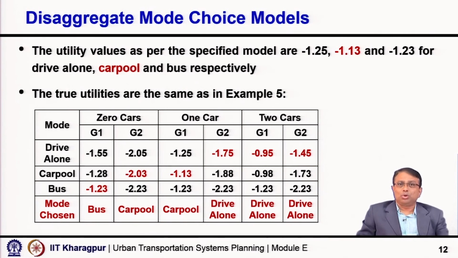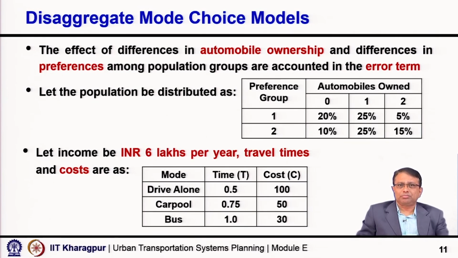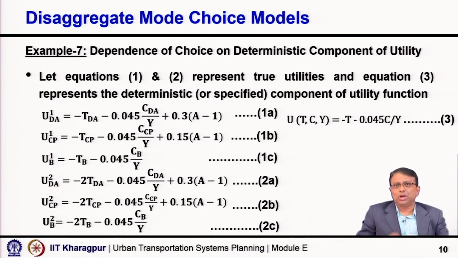Because that cost will change in the equation. Look at this equation 3, 1a, 1b, in all 1 and 2 also for the drive alone, these utilities are going to change, and for my equation 3 also, as a modeler what we have specified, in that equation also the utilities are going to change.